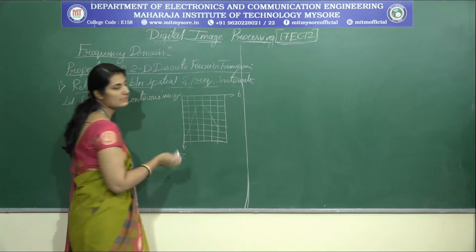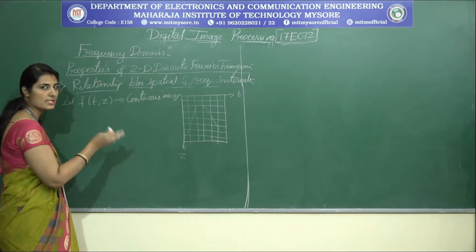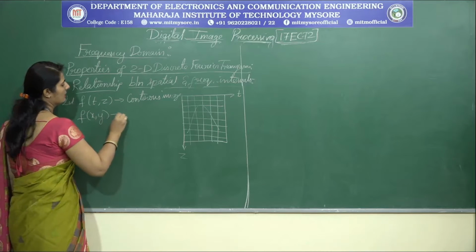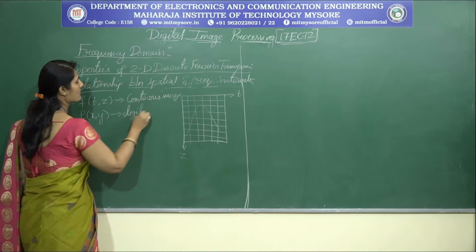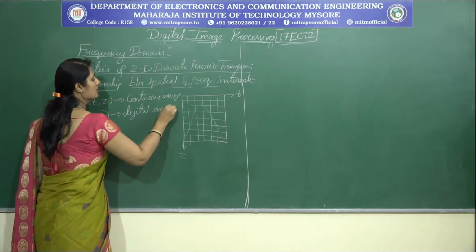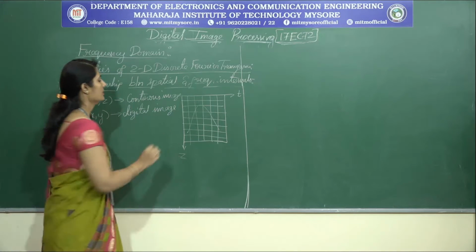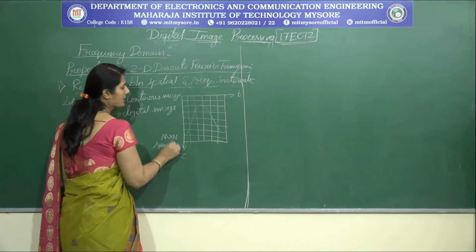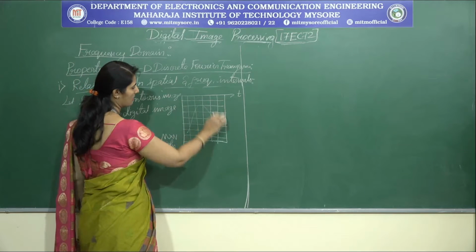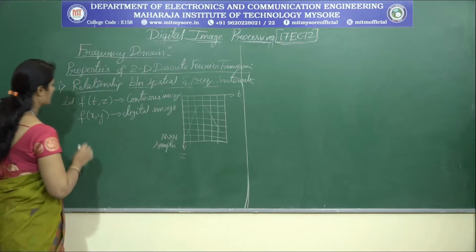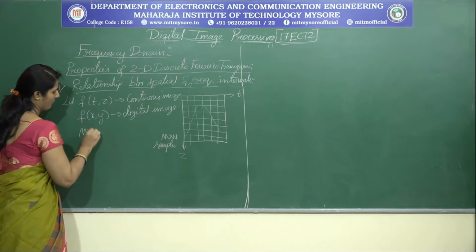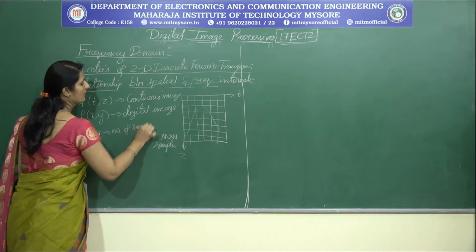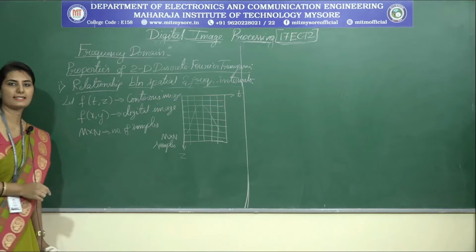This digitized image, the image converted into digital form, I call f of x comma y, the digital image having m cross n number of samples. That means it has m number of rows and n number of columns, in the direction t and z.